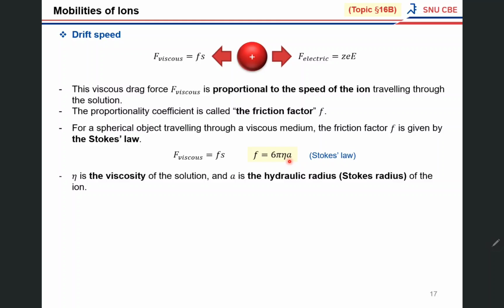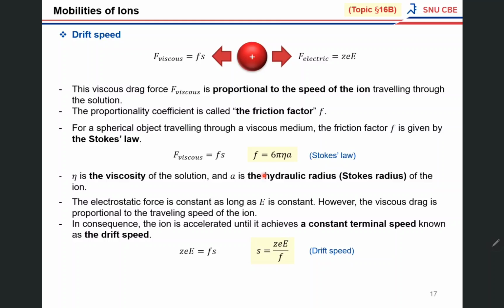Then we can use Stokes' law, which correlates the friction factor, the viscosity, and the size of the sphere, and solve for the friction factor. Here eta is the viscosity, and a is called the hydrodynamic radius, which is related to the effective size of this ion inside the liquid phase, also called the Stokes radius.